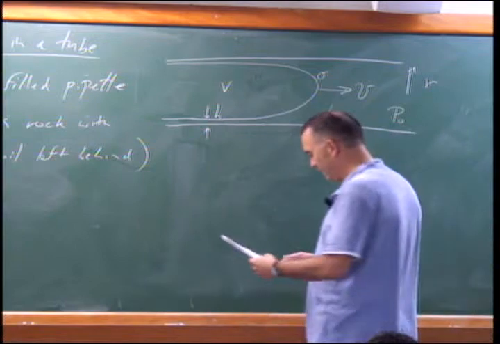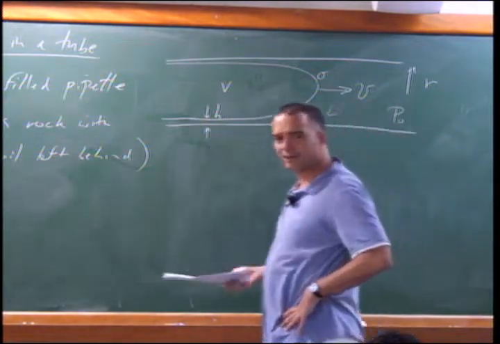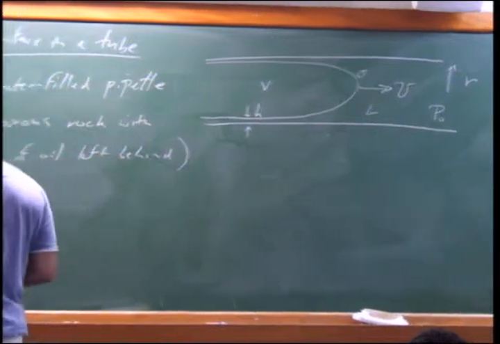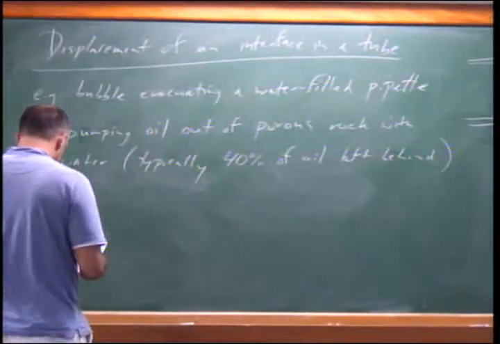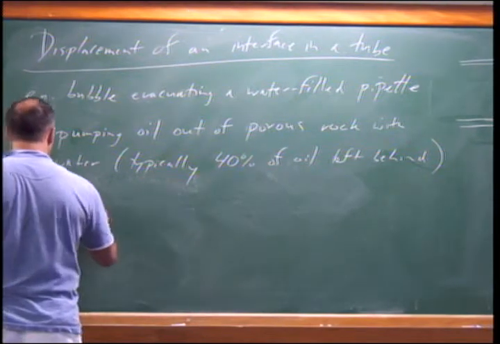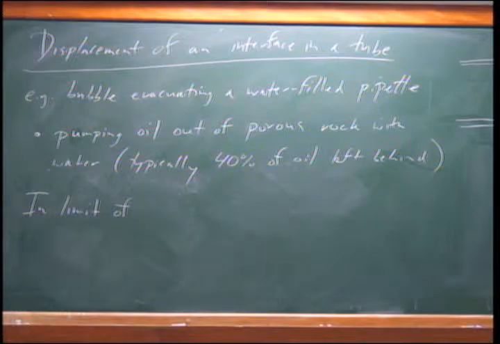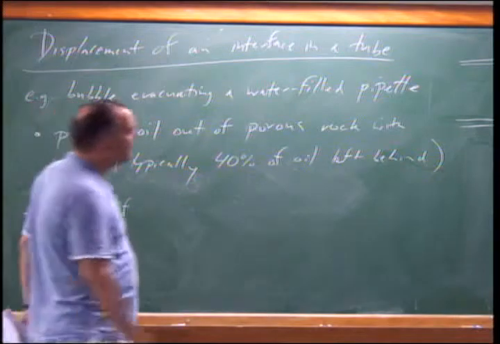So let's try and get an estimate for how thick this layer is. Does this scenario qualify as a Hele-Shaw kind of problem or not? In 2D, if you have Hele-Shaw, you have a thin layer.